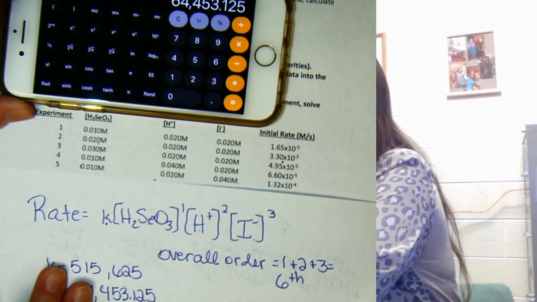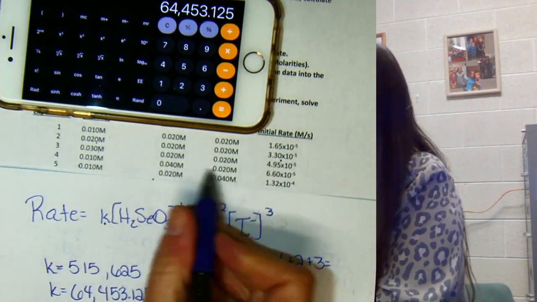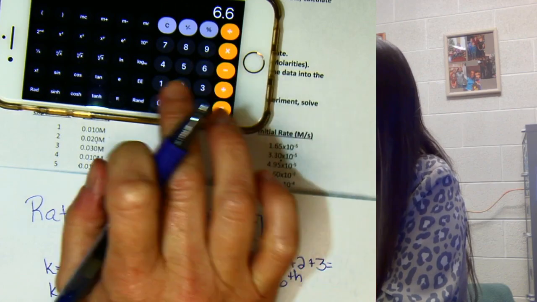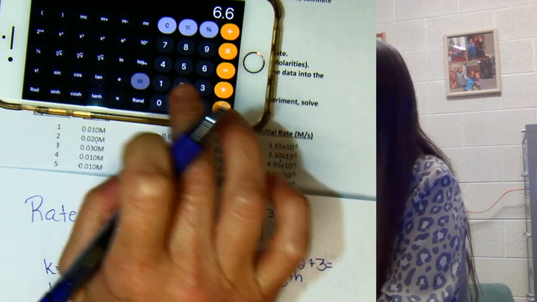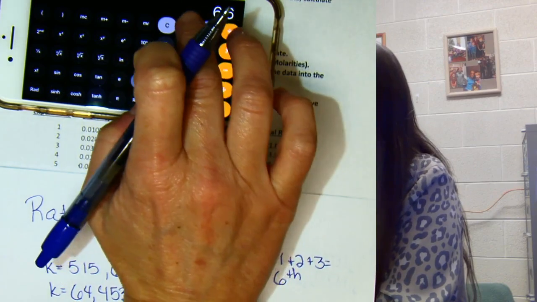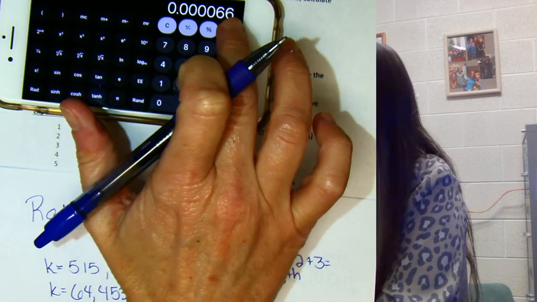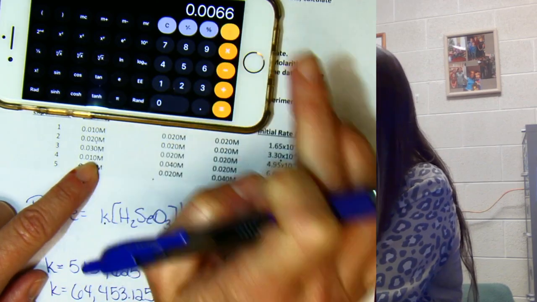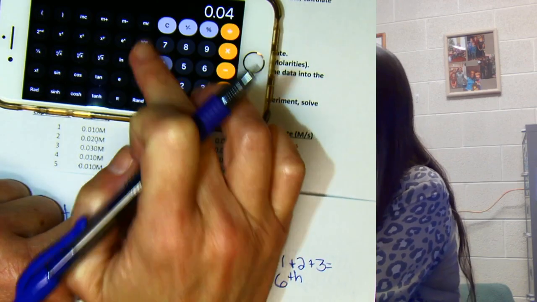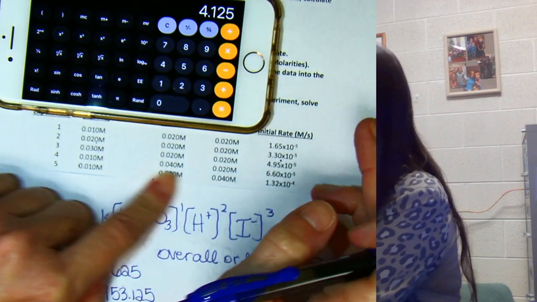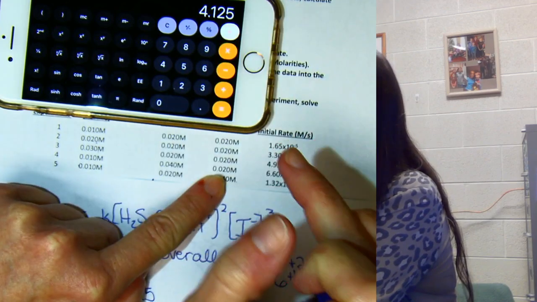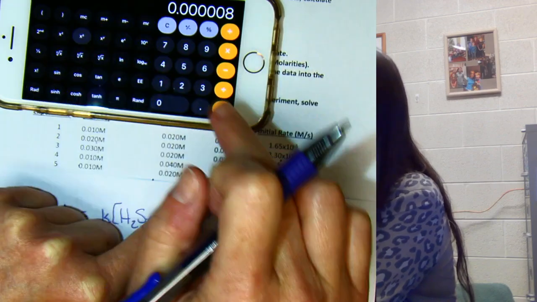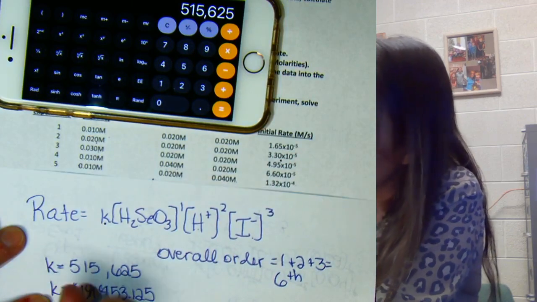So let's double check the math. 6.6 exponent -5 divided by 0.01 to the first, 0.02 squared, divided by 0.02 cubed equals, okay, I plugged in the wrong number.